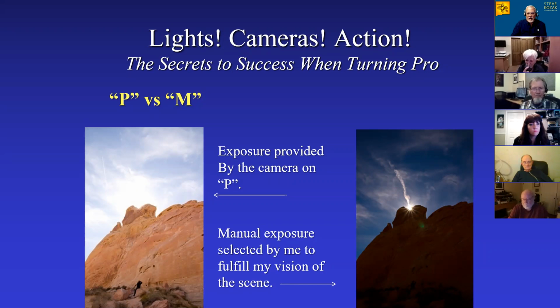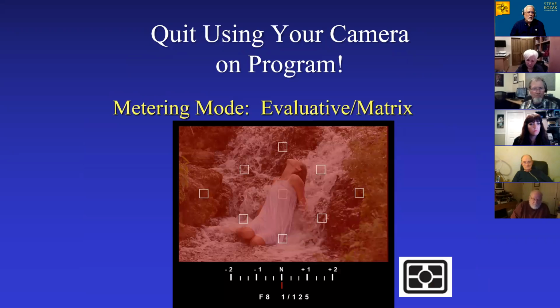We're going to begin by looking at some of the metering modes. Now, these metering modes control how much of what you see in the viewfinder is included in the decision making for determining the exposure. And I will say that the terms evaluative and matrix are proprietary terms to the camera manufacturers.